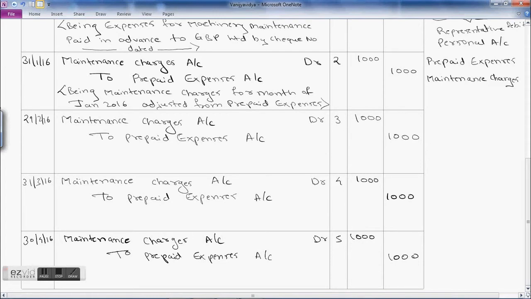Okay, and this is how you will keep on passing one journal entry at the end of every month for rupees 1000 till 31st 12 2016, right? So this is how you'll pass a journal entry.